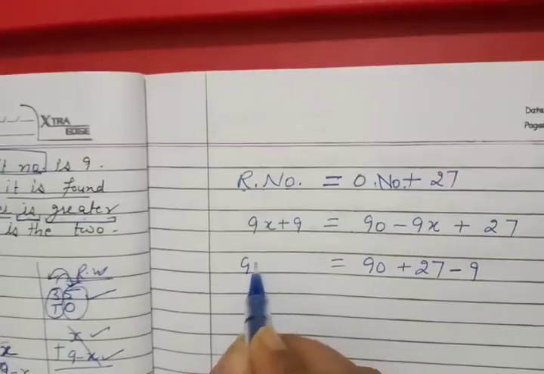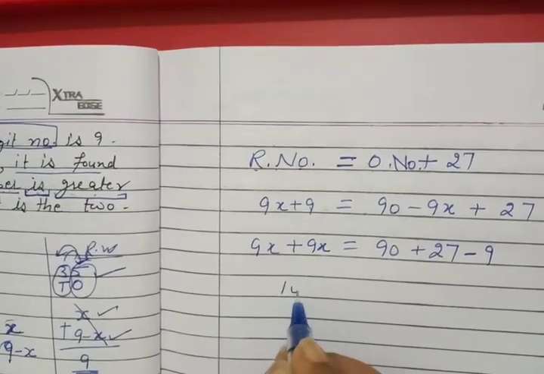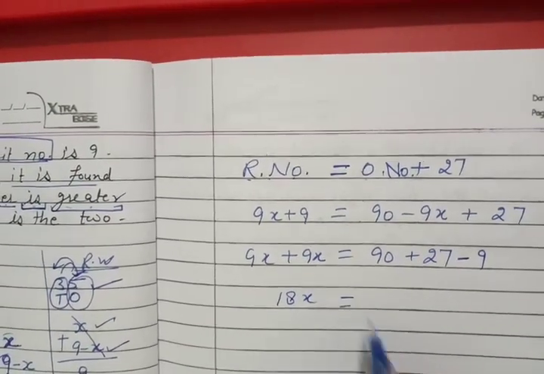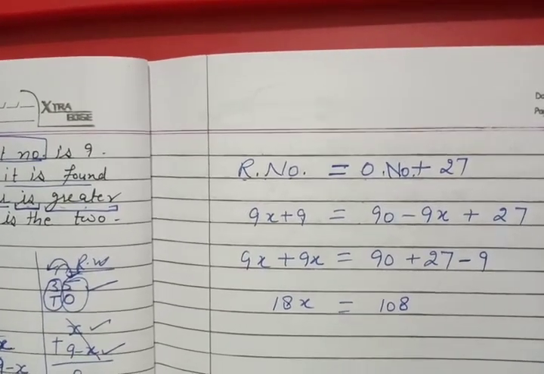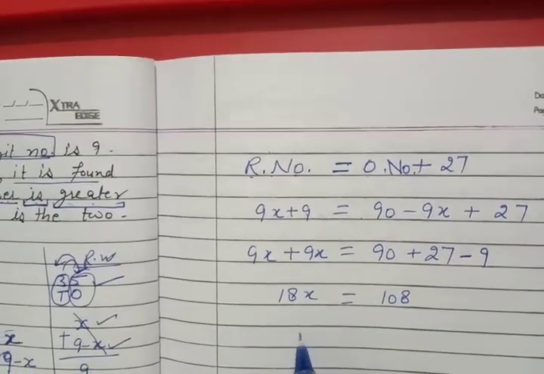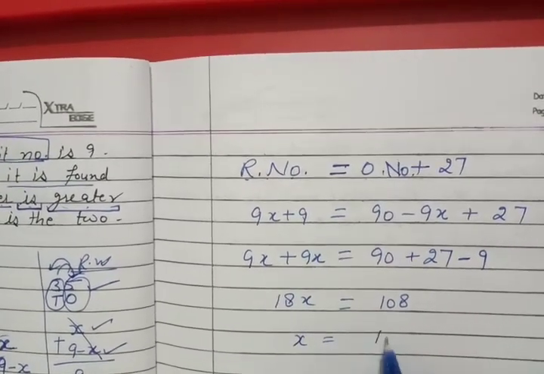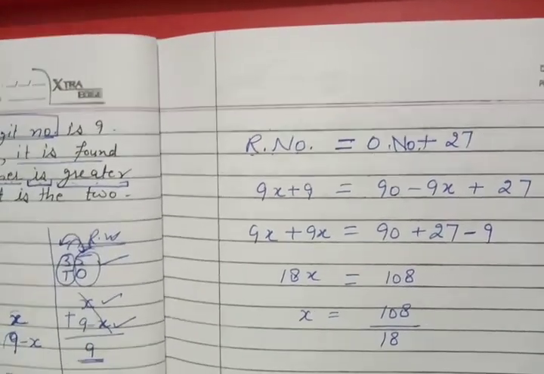Shift this 9x, it will become plus 9x. So it is 18x equals 108. And x equals 108 by 18.